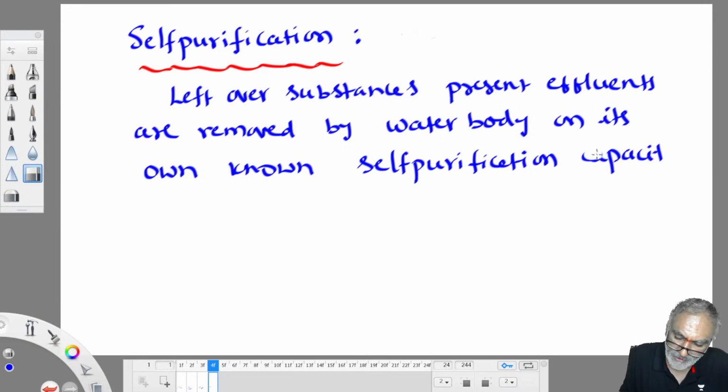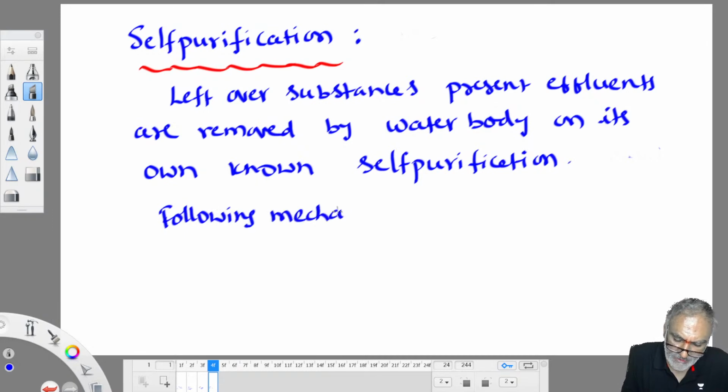Okay? Self-purification of a water body occurs due to the following mechanisms. The following mechanisms are responsible for self-purification of the water body.